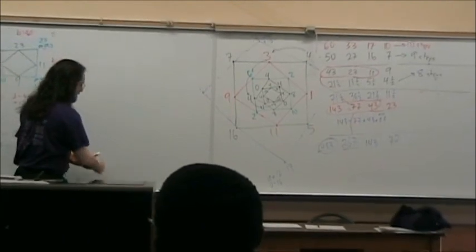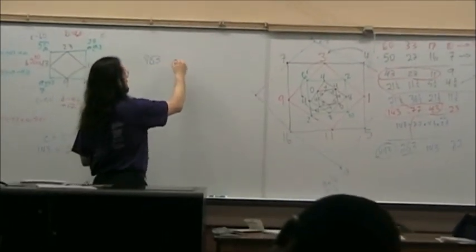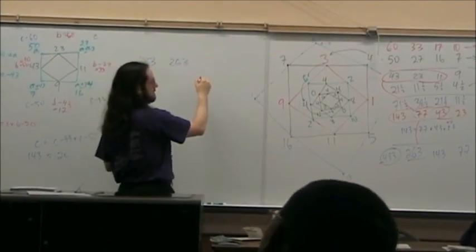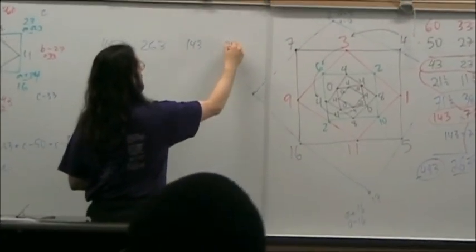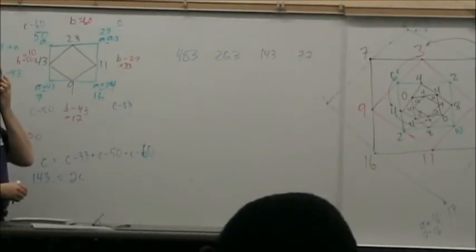Okay, so let's just look at what happens going forwards again. 483, 263, 143, 77. So what's going to happen from there if I start working forwards?